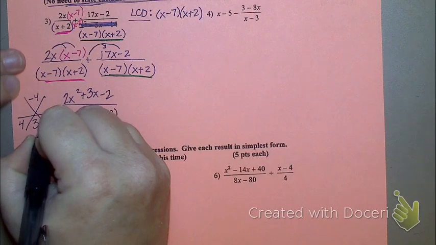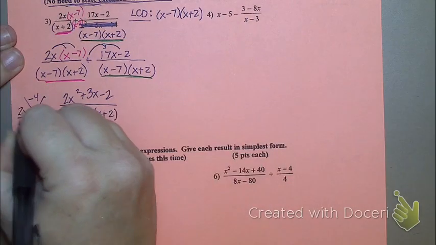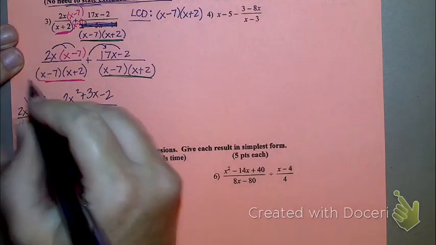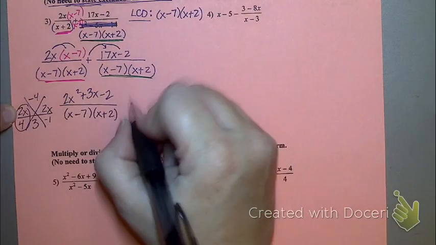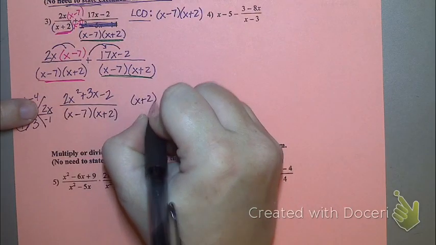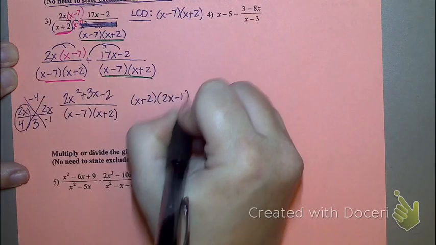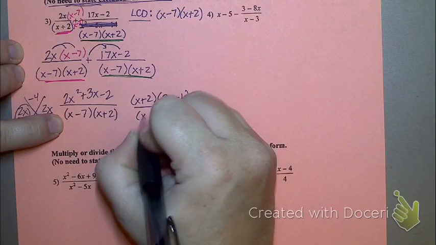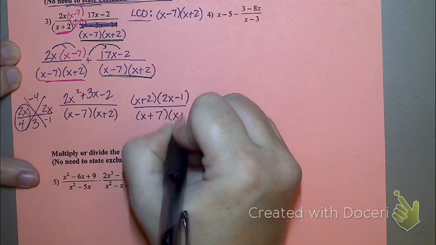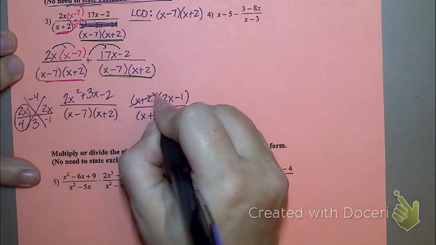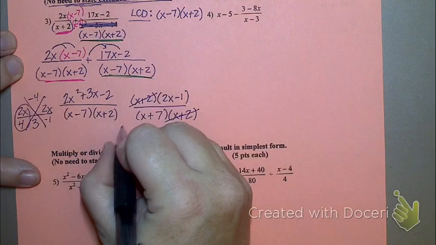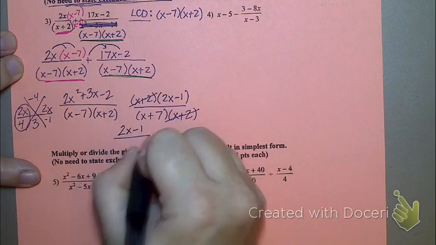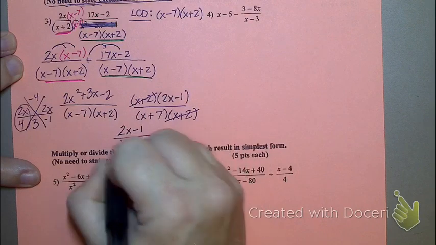I think it's 4 and negative 1. So let's see, this becomes x plus 2, and then 2x minus 1 over x plus 7, x plus 2, and I've got some canceling. So my final answer is 2x minus 1 over x plus 7.